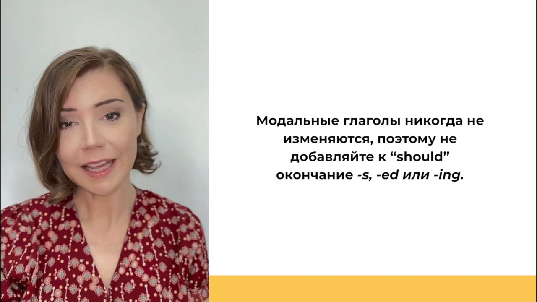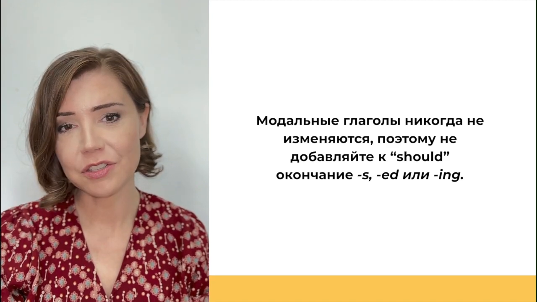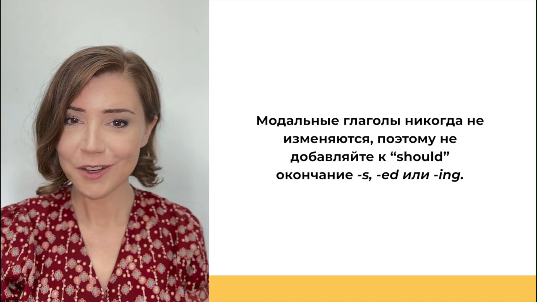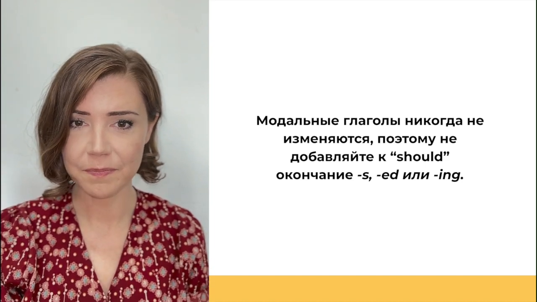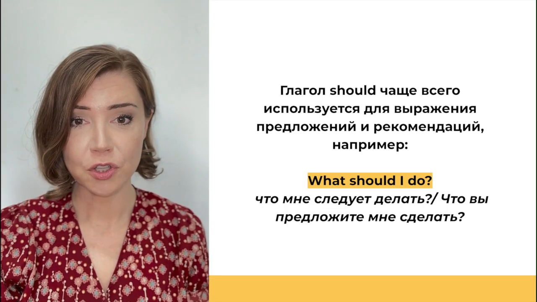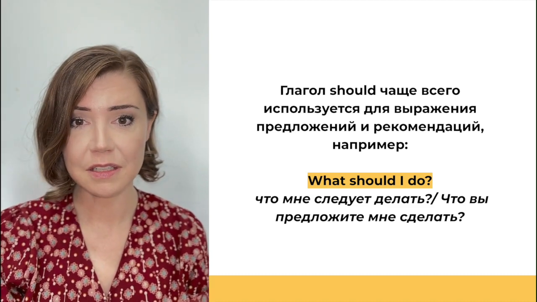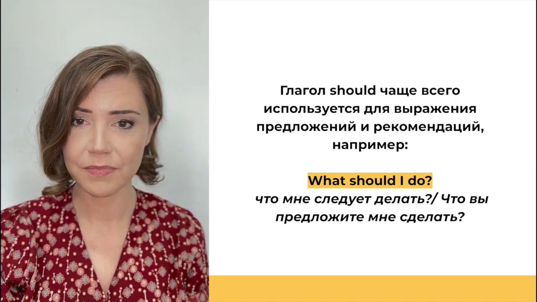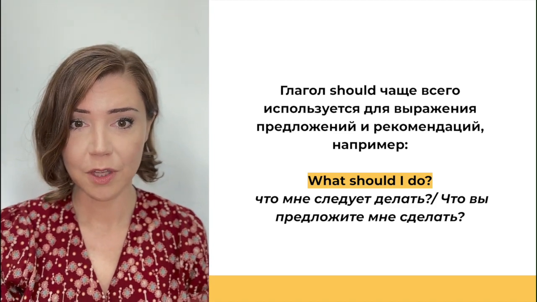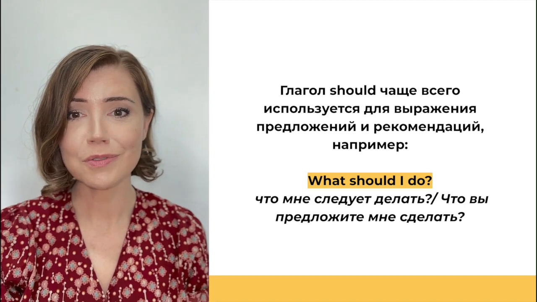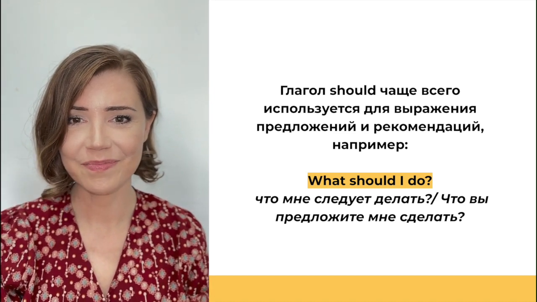Modal verbs like should never change, so don't add s or ed or ing to should. The verb should is most often used for making suggestions and recommendations. For example, what should I do means what do you suggest I do?